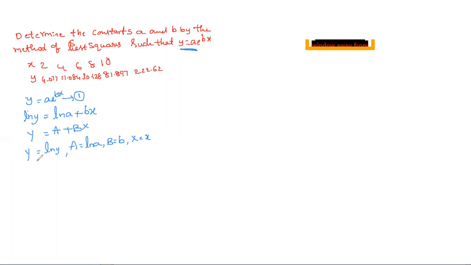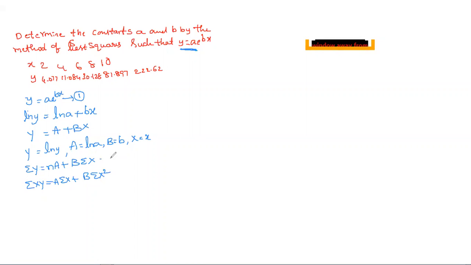Now we need to calculate the values, and then we wrote the normal equations here. Summation capital Y is equal to NA plus B summation X, and next one summation XY is equal to A summation X plus B summation X square. So these are the normal equations we wrote, right?